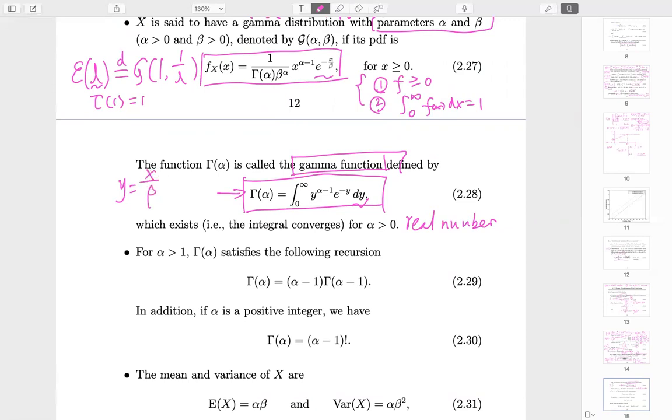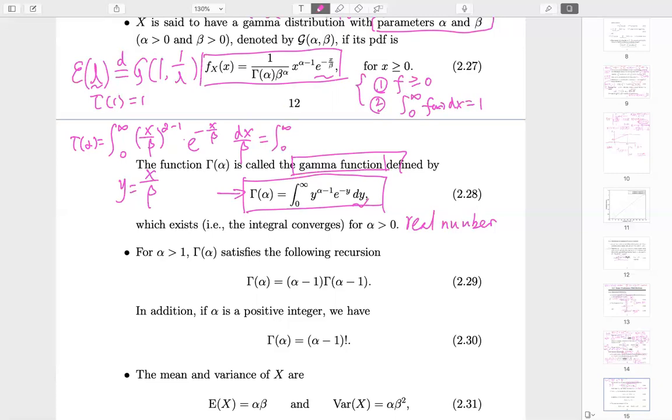Then you can go back to what we have. When y is 0, x is 0, and beta should be positive. When y is infinity, x is infinity. My y is x divided by beta, to the alpha minus 1, so e to the negative x divided by beta. My dy will be dx divided by beta. So let's move everything.